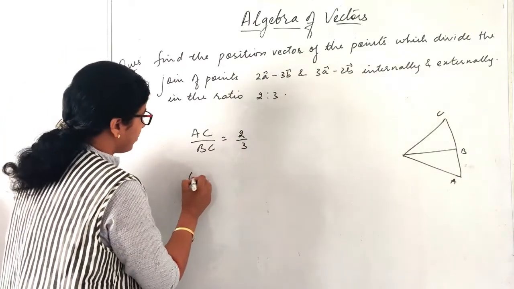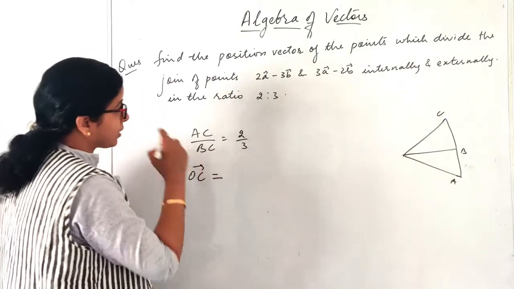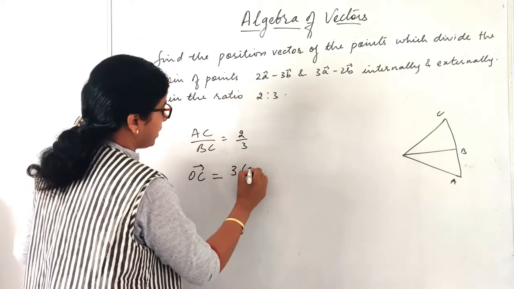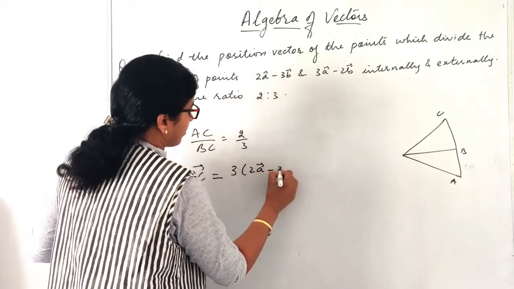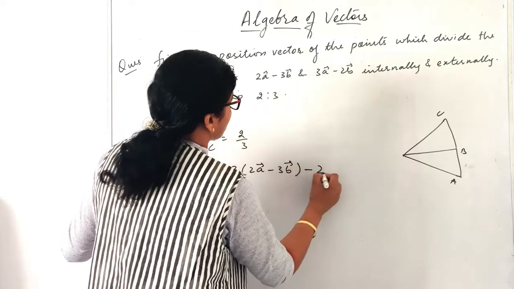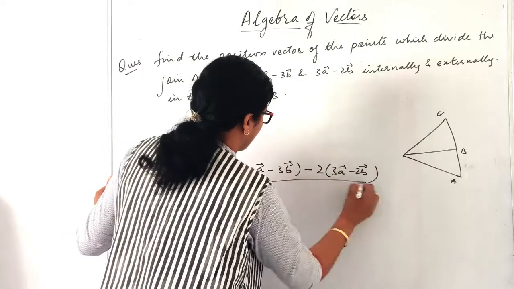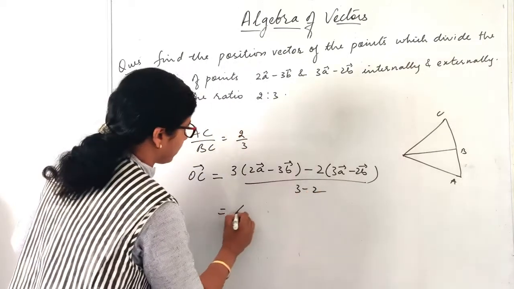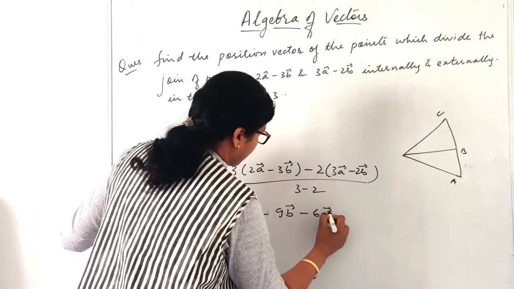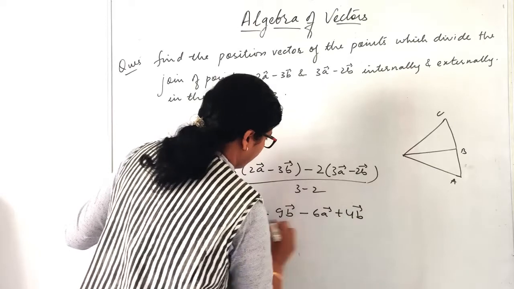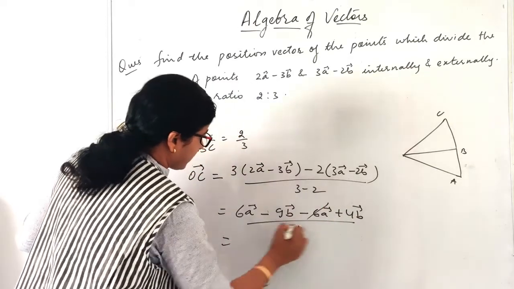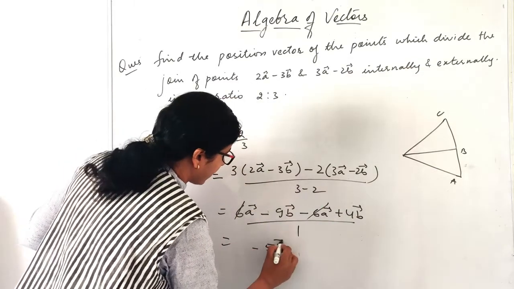So let us find the position vector of C. So what it will be? It will be 3 into 2a vector minus 3b vector minus 2 into 3a vector minus 2b vector upon 3 minus 2. So it is minus 5b vector.